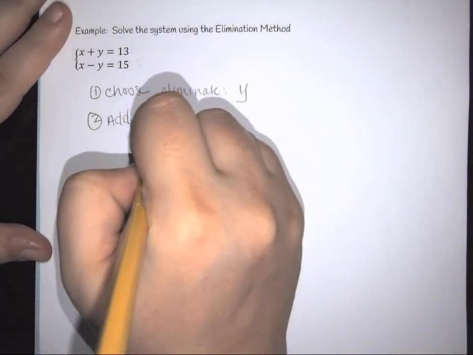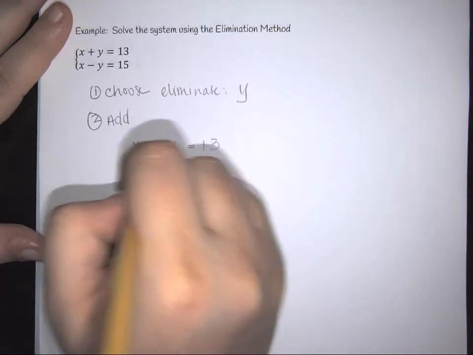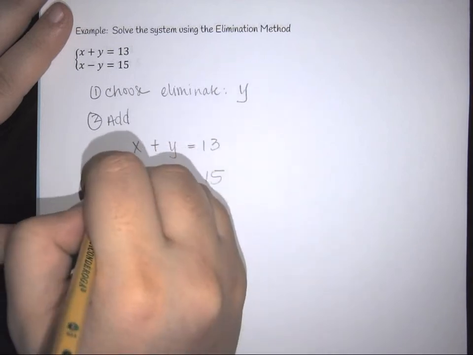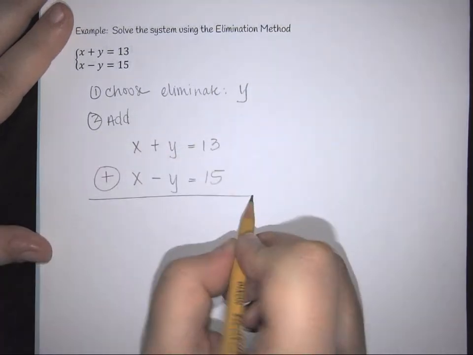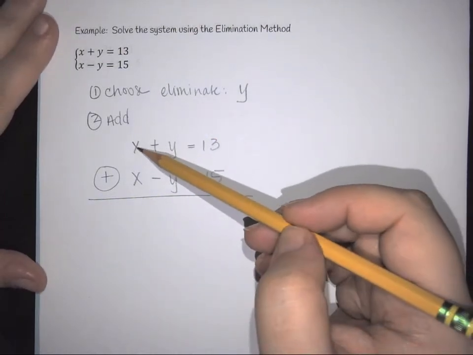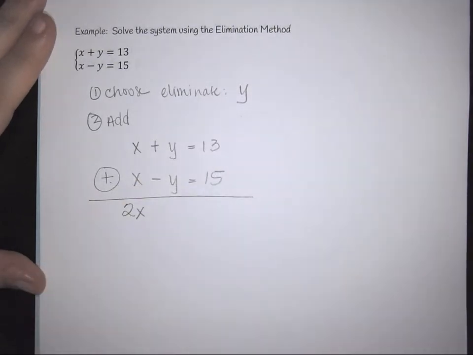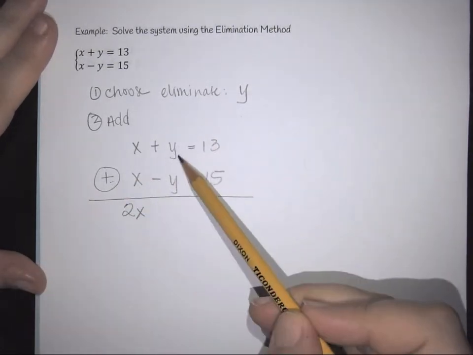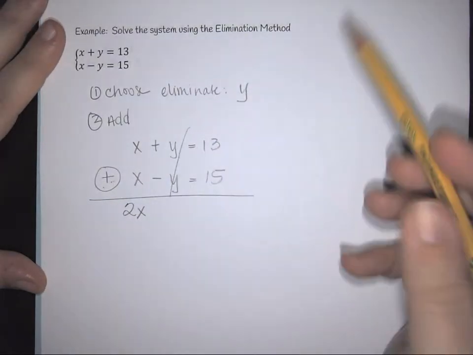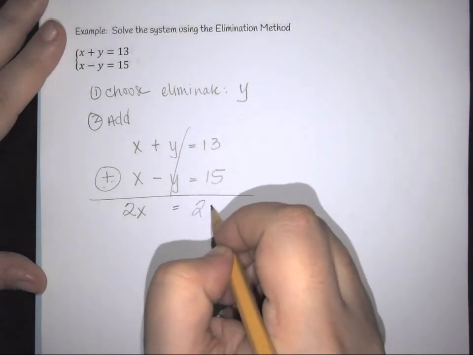So we have x plus y equals 13, and we have x minus y equals 15. We are going to add these together, and so essentially the way it works is x plus x is going to give me 2x. y plus a negative y means this goes away. 13 plus 15 is going to give me a 28.